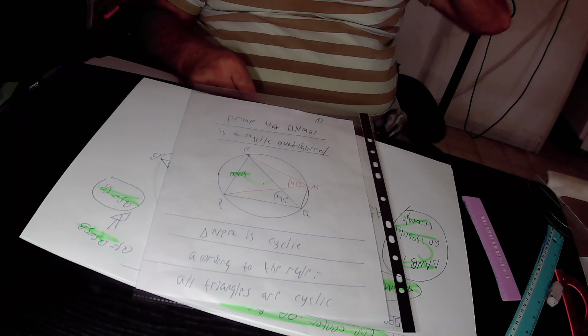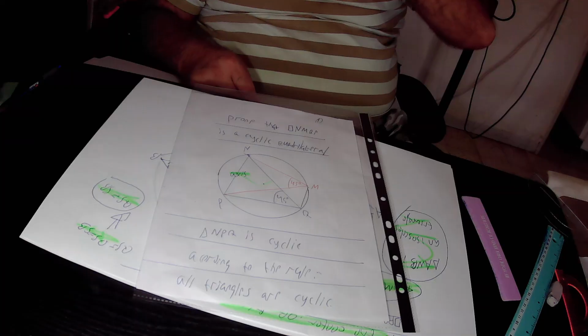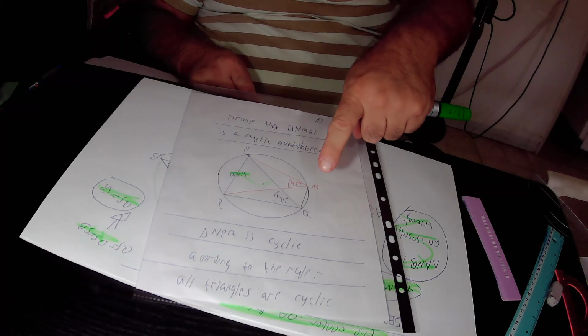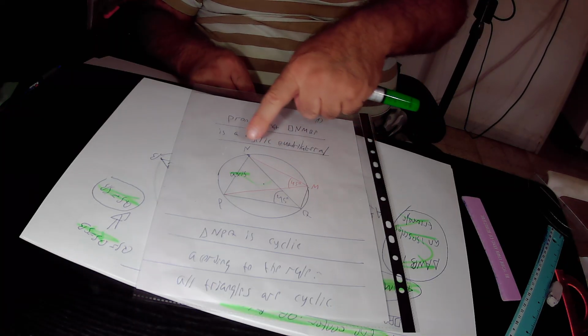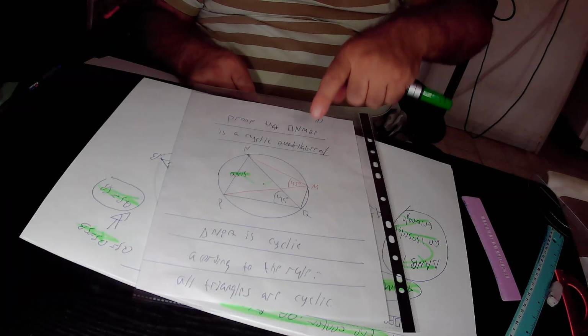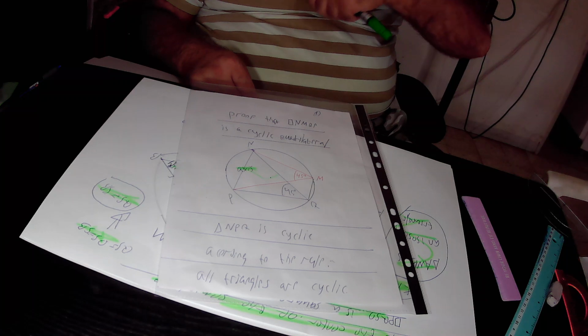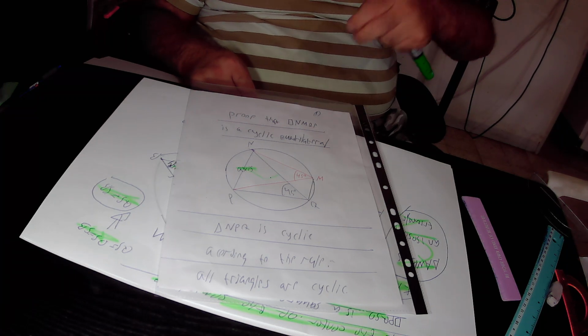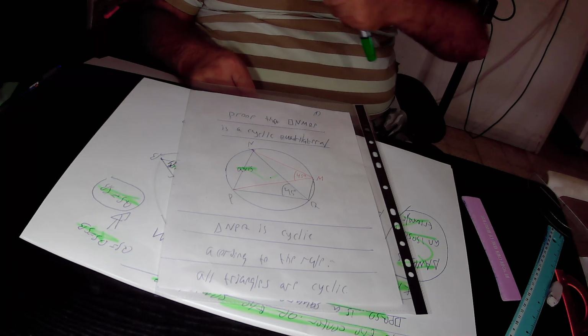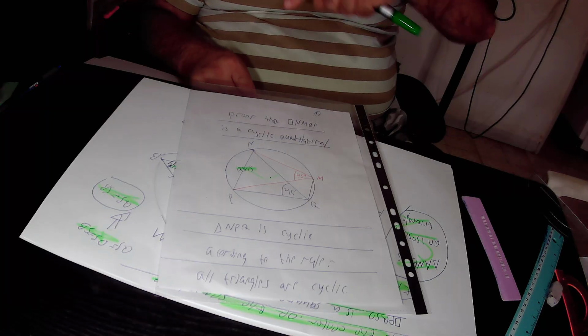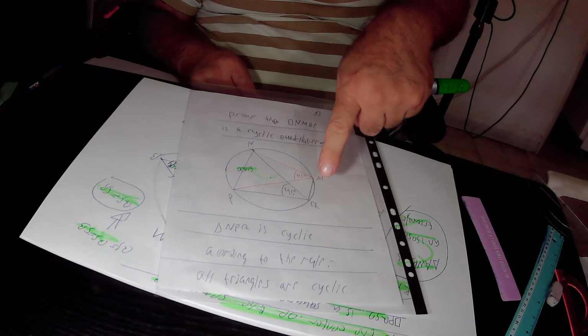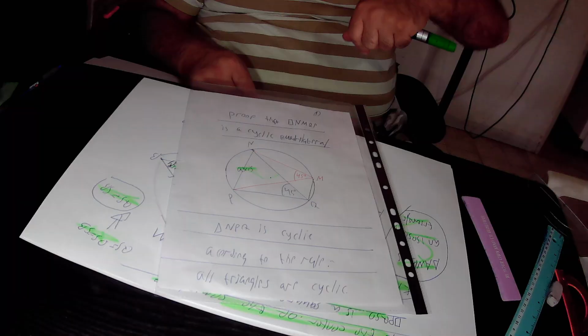Repeat again. First of all, I blocked triangle NQP by a circle. This is angle NQP that is equal to 45 degrees in its size. According to the rule that any triangle can be blocked by a circle, triangle NQP can be blocked by this circle.